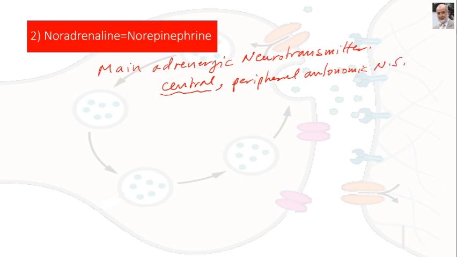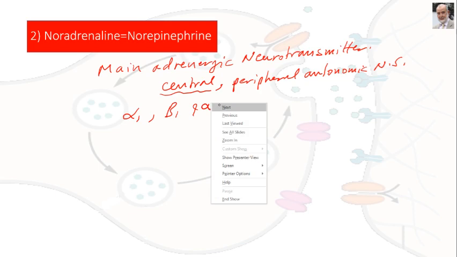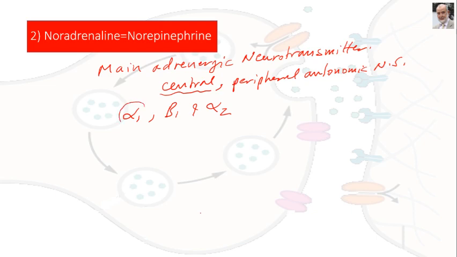Now, noradrenaline, as we know, has only alpha 1, alpha 2, and beta 1 effects. It has no beta 2 effect. So we expect in this case that by acting on alpha 1 on blood vessels, it produces a pure pressor effect.